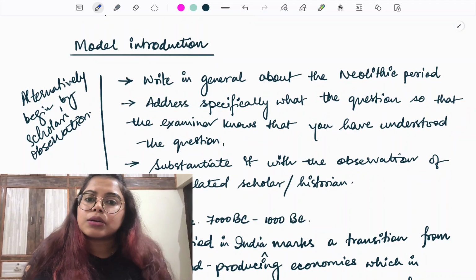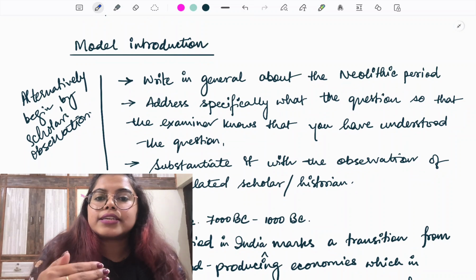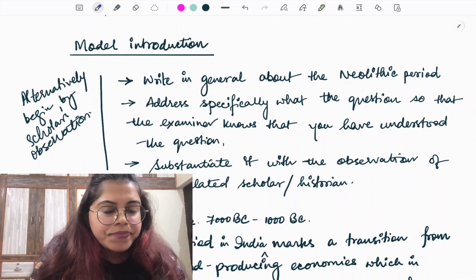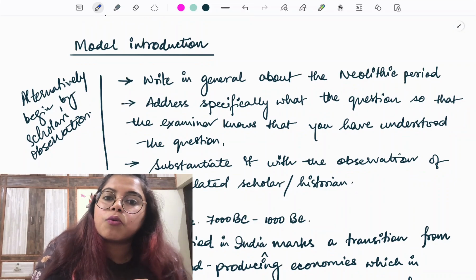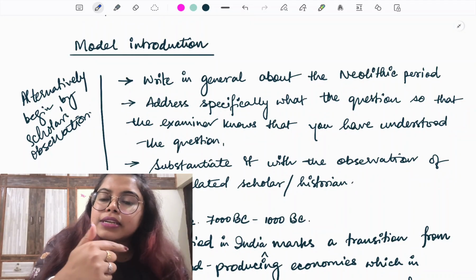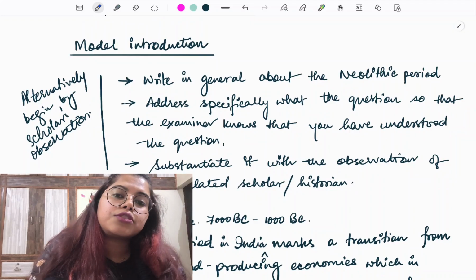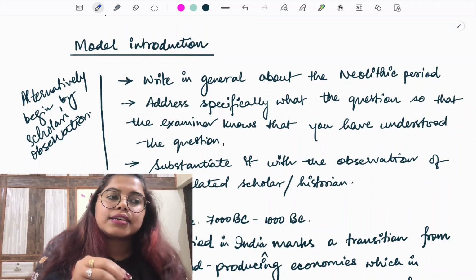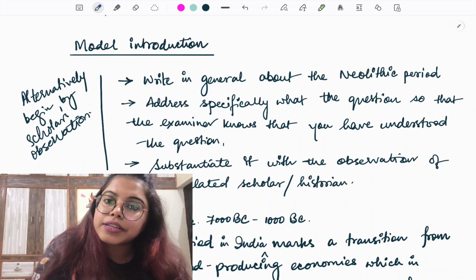For example, if you talk about the Neolithic period, the most important thing is to let the examiner know that you understand that the Neolithic period is important because humans started taking more direct control over nature. They moved from environmental determinism, that is environment determining their way of life, to now moving towards agriculture, that is growing food in the place in which they are staying, and also agricultural surplus.